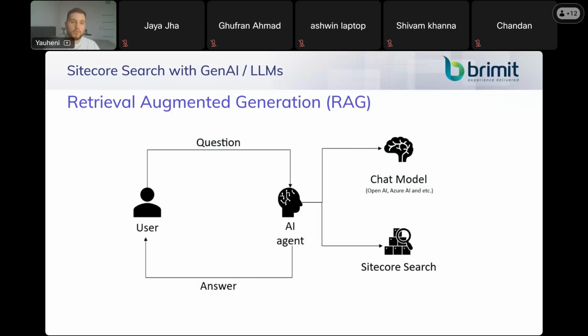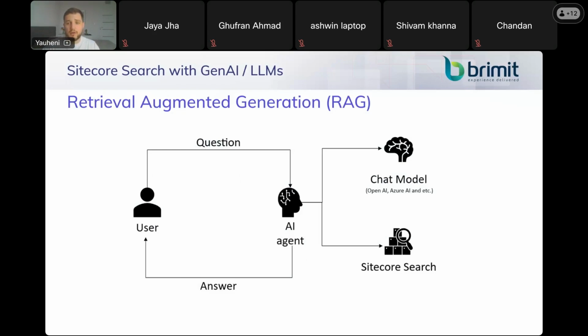Sitecore Search returns the products, the AI agent generates an answer and returns it to the user, and the user receives a message about our products and can choose what they want.